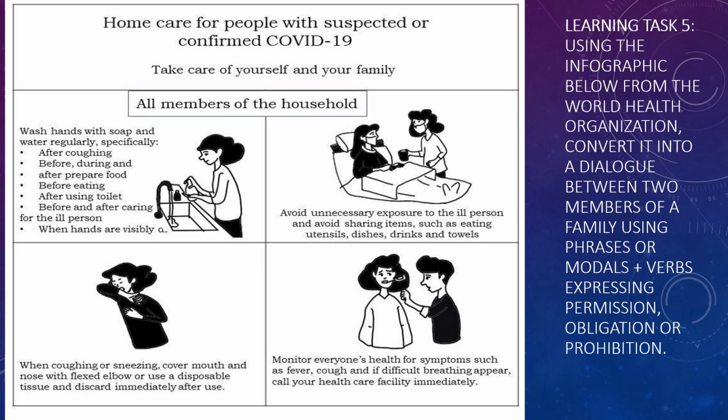So you have a certain member of the family, then you exchange dialogues using the given infographic, and do not forget to make use of modals plus verbs expressing permission, obligation, or prohibition. Of course, the content has something to do with the infographic, okay?